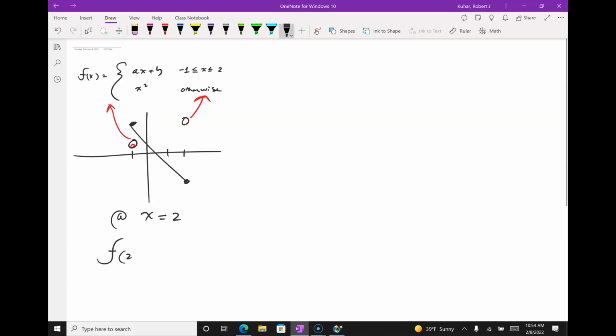What is f of 2? Which machine do I use? The linear or the quadratic? The linear. So I get 2a plus b. Remember, I'm plugging into what value? Into what variable? At 2, right? I'm plugging into x is 2, so 2a plus b.